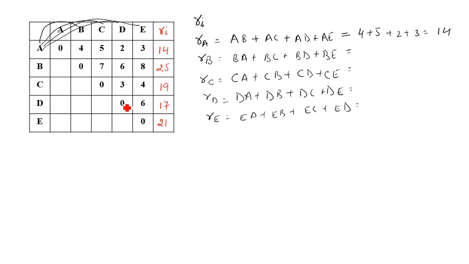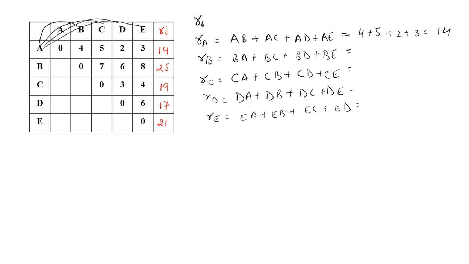For D, this value, and the value above this zero. And for E, all these values. So if you want to cross check, for A: 3 to 5, 5, 5, 10 and 4, 14. For B: 8 and 6, 14, 14, 7, 21, 21 and 4, 25. 4, 3, 7, 7, 7, 14 and 5, 19. So this is the way of calculating R.